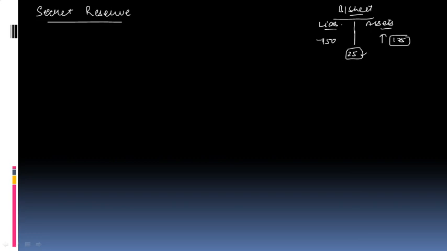If you are unable to trace this difference of 25 in your accounts, then this 25 will be classified as secret reserve.